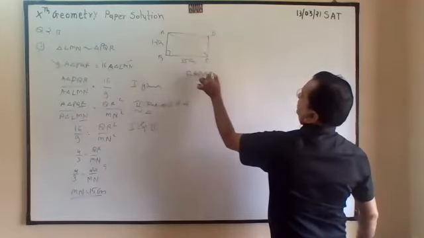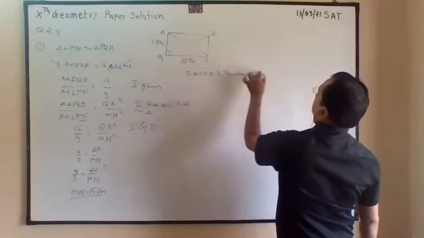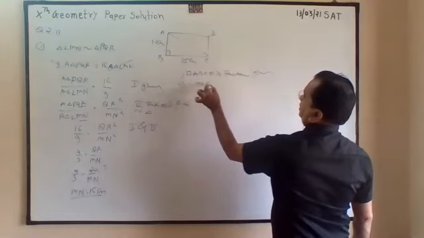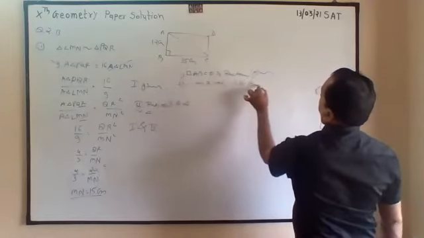Firstly, ABCD is a rectangle, given. Second, therefore, measure of angle B is equal to 90, angle of rectangle.